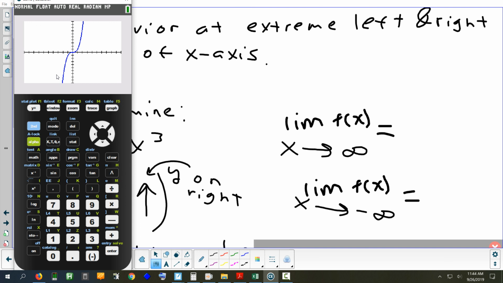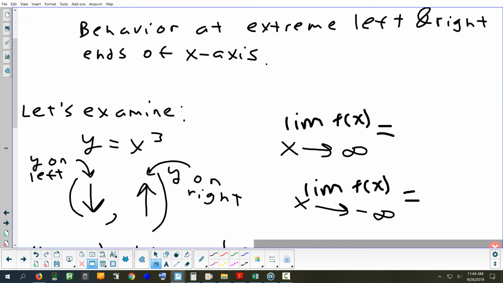Right, it's heading down, which is like a picture, but down means this. So this, remember, f of x is just another name for y. So this says the limit of the y value as x heads to the left, or if you want to read it formally, as x approaches negative infinity. So as you head to the left, your y value is heading down.